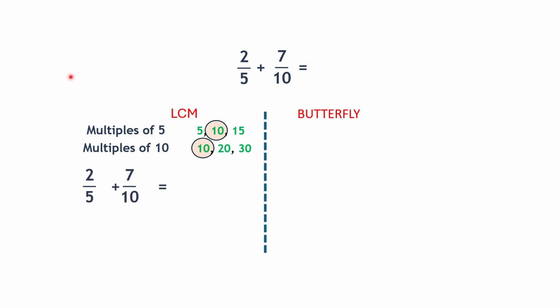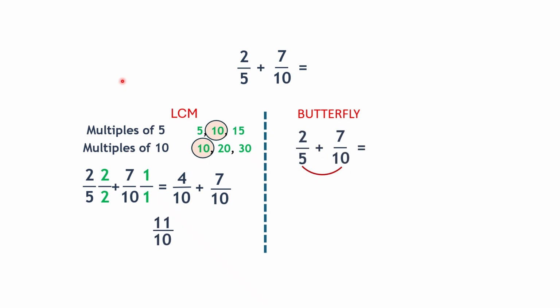Now, to make the first one to be 10, we just multiply it by 2, and we don't need to multiply anything on the second part. Let's just multiply by 1, just to make you see it. 2 times 2 is 4, 5 times 2 is 10, so it's 4/10, plus 7/10 doesn't change. Now you can just add 4/10 plus 7/10 is 11/10, and you can reduce this later.